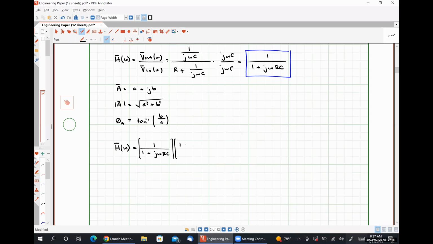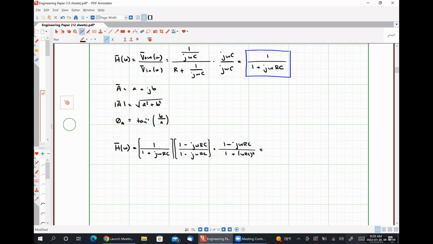So that's going to be 1 minus j omega RC over 1 minus j omega RC. When I multiply my numerators together, I obviously just get 1 minus j omega RC. When I multiply my denominators together, I get 1 plus omega RC quantity squared.